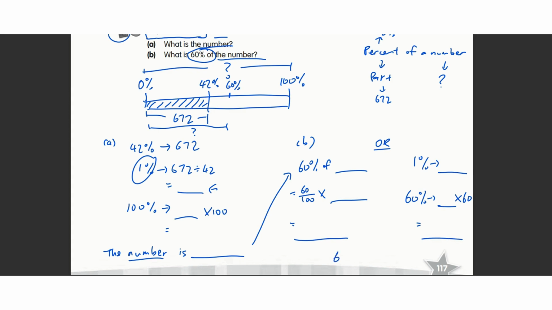So 60% of the number will be this answer that you found. So there are two methods here. Up to you to choose. Okay, so that's the two questions on page 117, question 5 and 6.